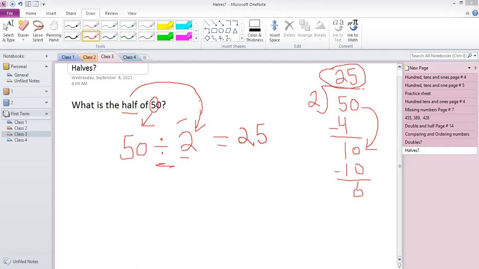I'm going to share a new screen with you guys. Can you see the new screen?